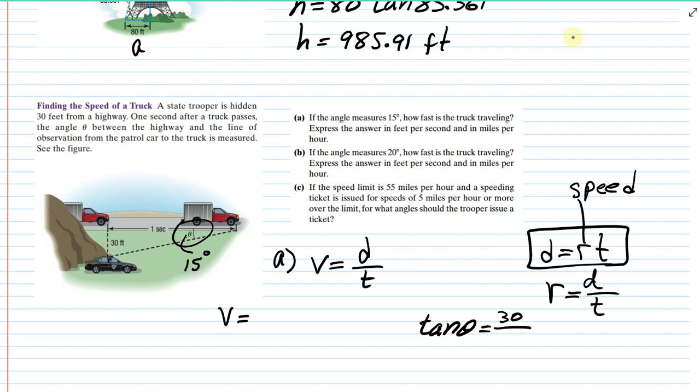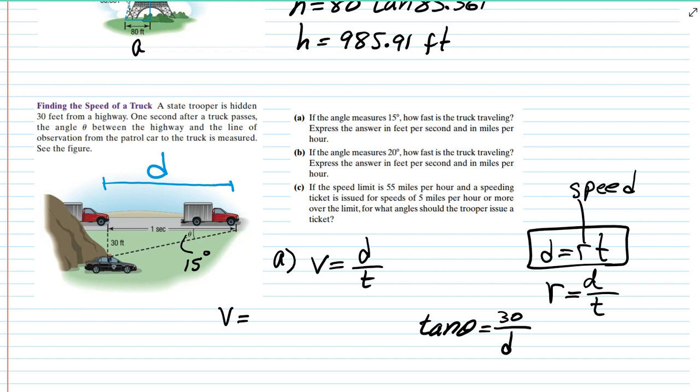And what is d here? Again, d is this distance right here. Let me label it. That's the distance the truck travels in 1 second. Now tan theta is opposite over adjacent.